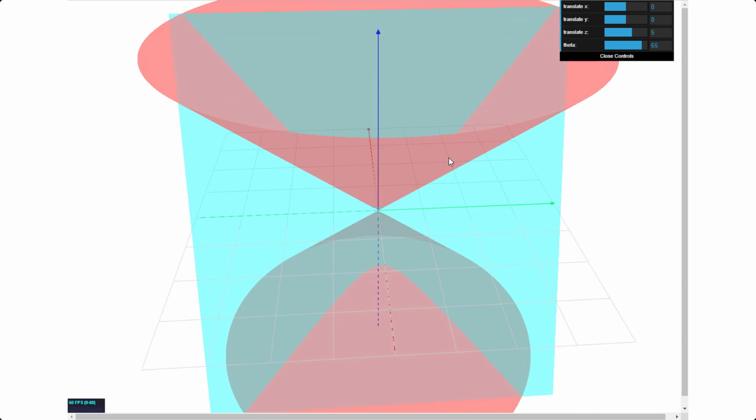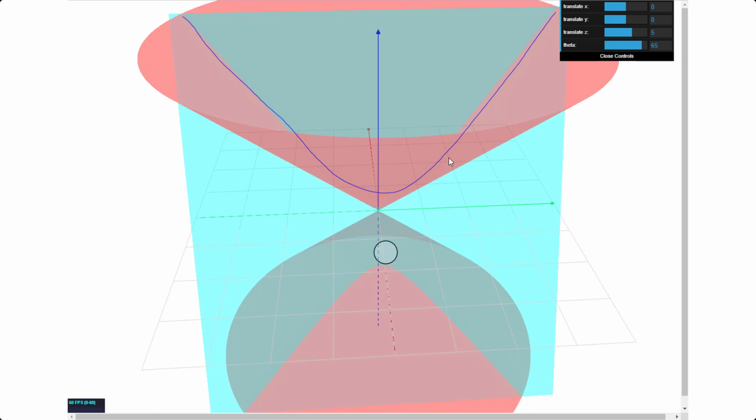But you can see, the lower half of this hyperbola is down this way, where the cone and the plane are intersecting. The upper half of the hyperbola is right through here. And so by intersecting a plane and a cone, you can get all four of our conic sections.